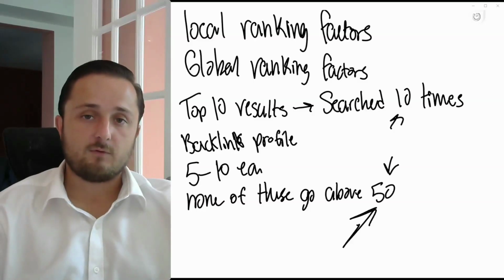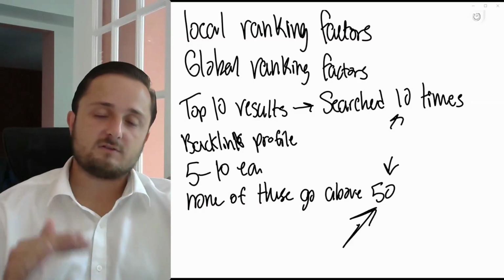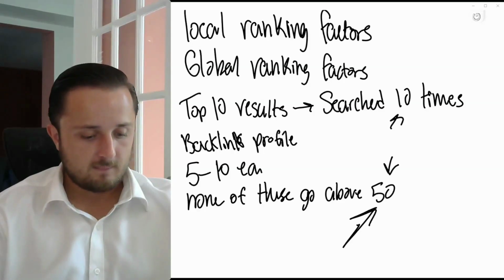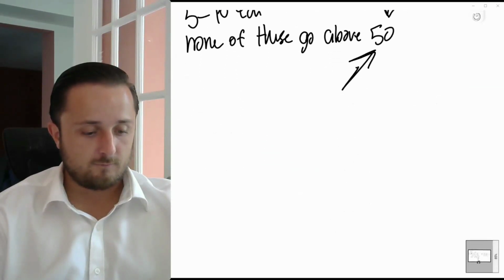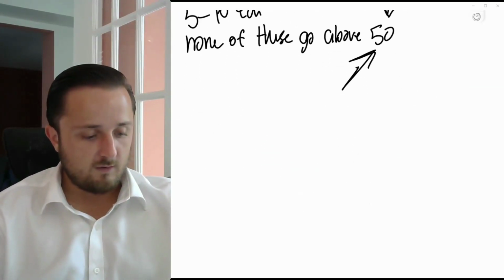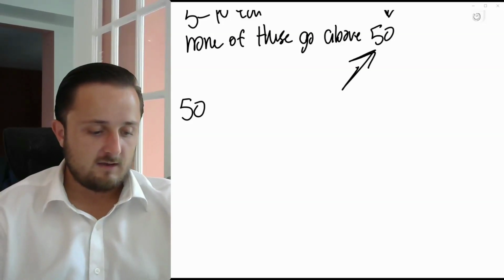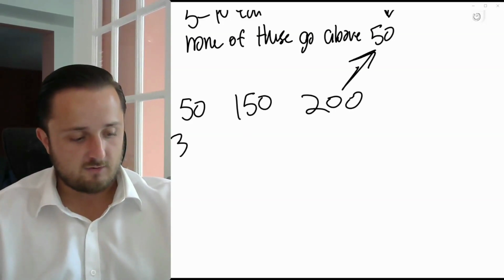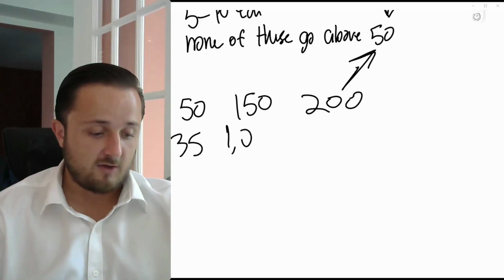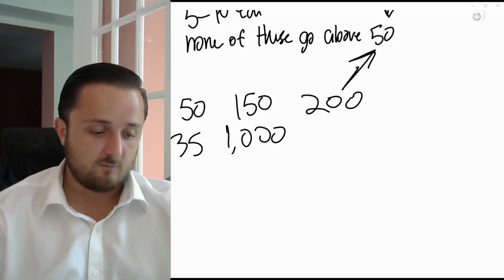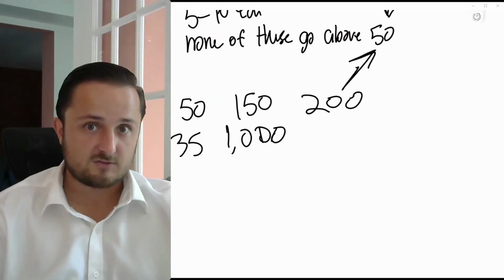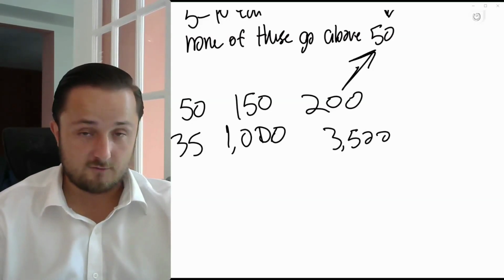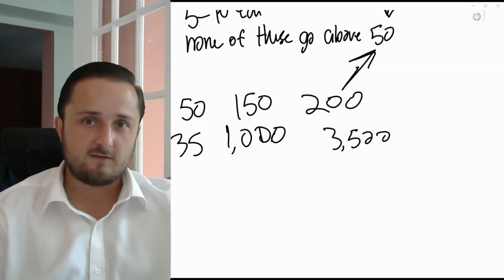Globally, if we were to look across a whole bunch of different keywords, a whole bunch of different local competition levels, if we were to look globally for roofers, and let's say in one city it's 50, in another city it's 150, then another city it's 200, then we've got 35, and then we've got 1,000, and then all of a sudden we start looking in Los Angeles, and we're like, oh, here it's like 3,500. Oh, okay. Well, that's crazy.